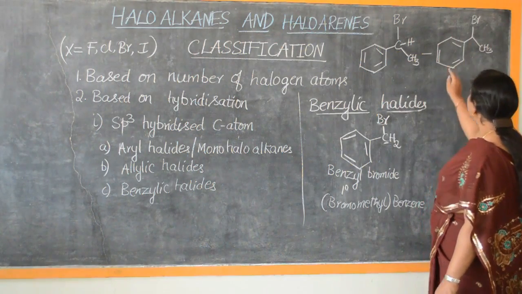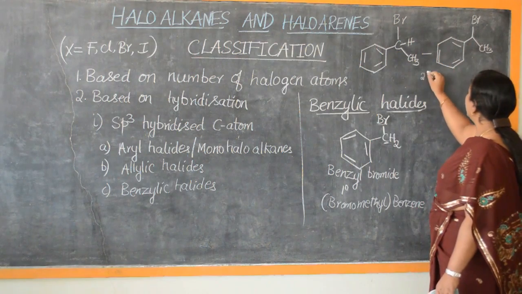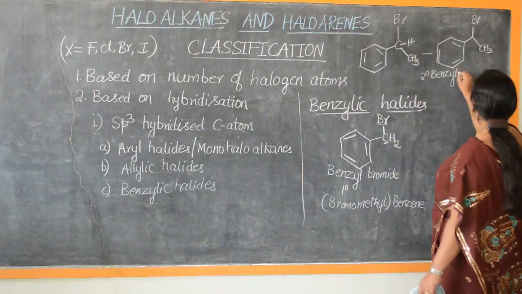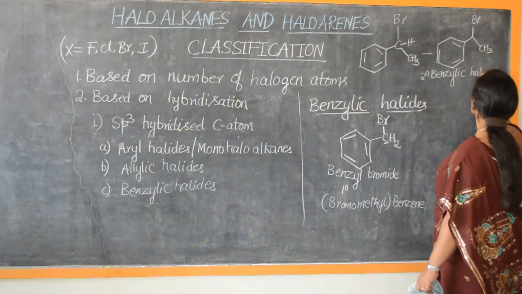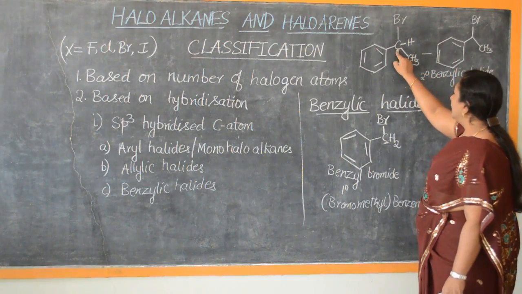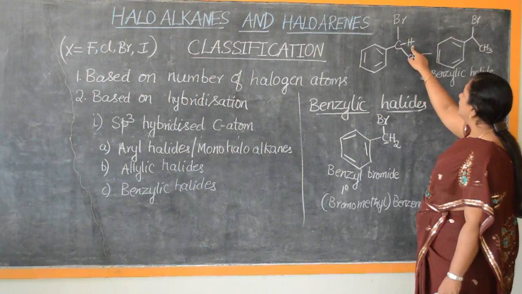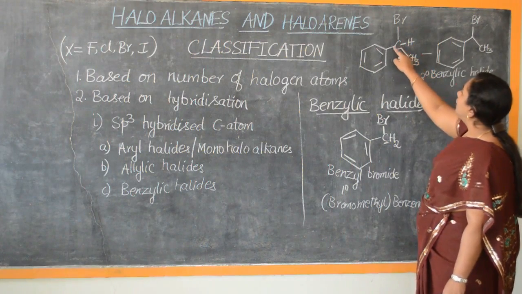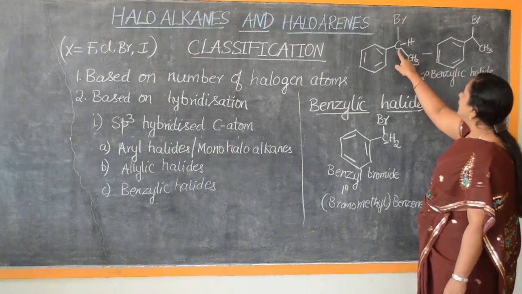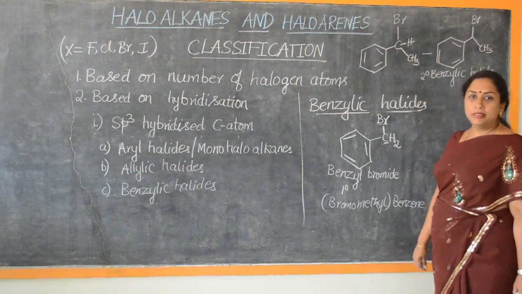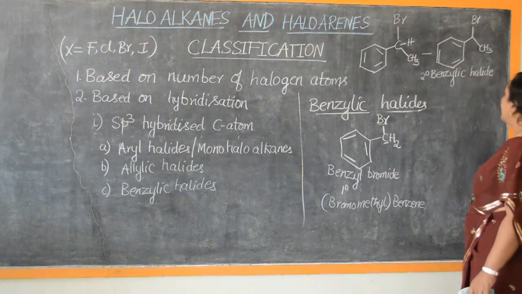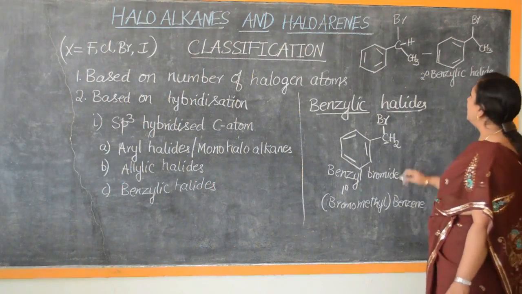Now, this becomes an example of a secondary benzylic halide, where the carbon atom is attached to only one hydrogen atom and two other carbon atoms. One carbon atom is there as CH3, and one more is attached to the benzene ring. Therefore, this is an example of a secondary benzylic halide. Let us try giving the name of this compound.